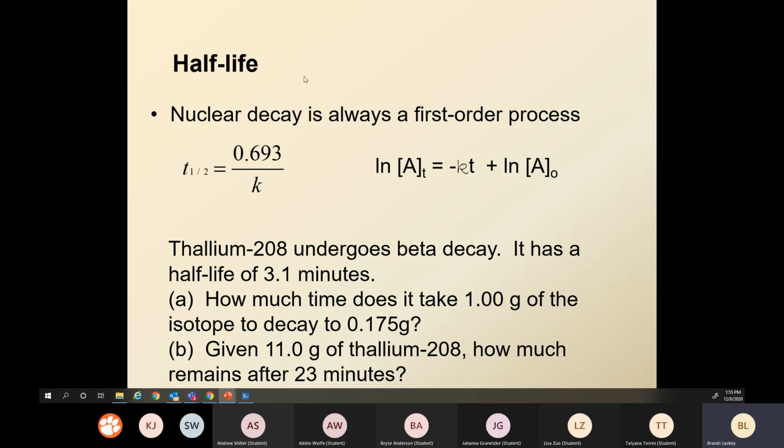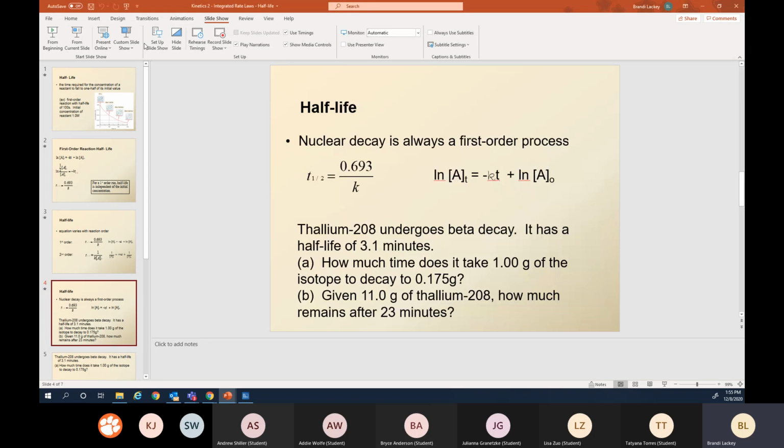Let me see if I can fight with this and get it to not have that bar at the bottom.